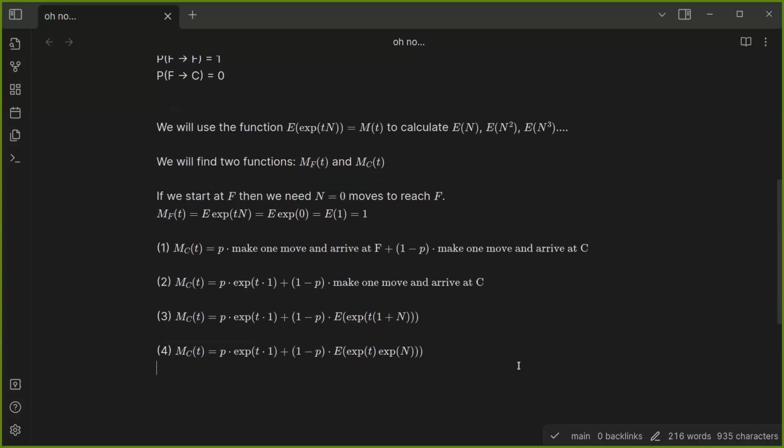So exponent of t times (1 plus n), because when you exponentiate a sum, that's just the product: exponent of t times exponent of 1. So I may take exponent of t out of the expected value. And finally, I will get equation number 5 that is easy to solve.